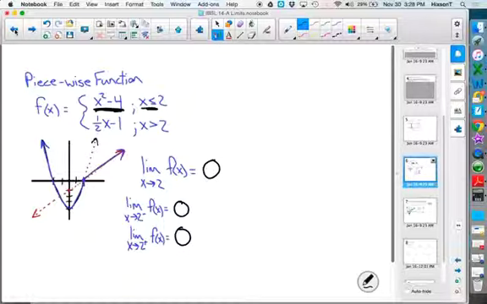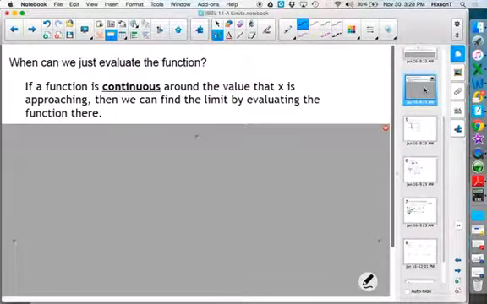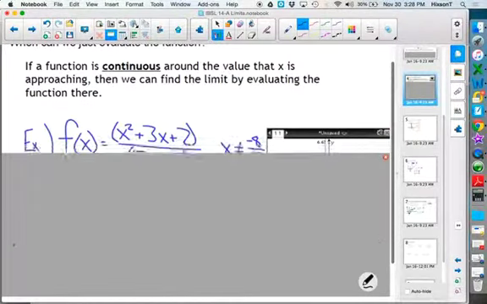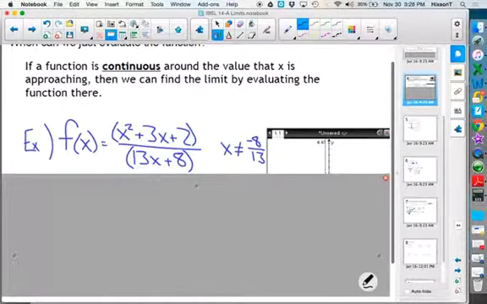So it is continuous about the value of 2. All right? Since it's continuous there, we could have just plugged in 2 and gotten our limit. Okay? So that's kind of the key there. If a function is continuous around the value, it doesn't have to be real far around, just around the value, then we can evaluate.